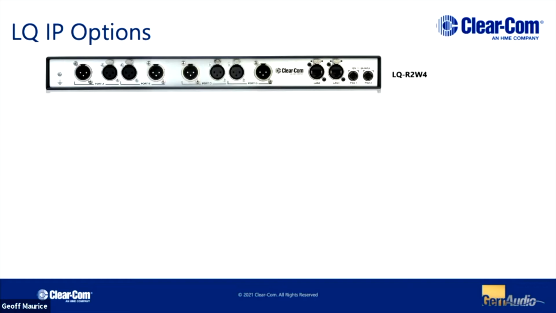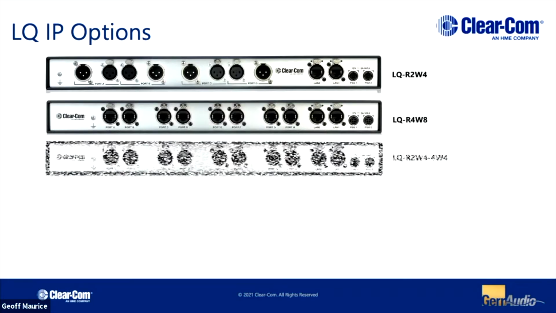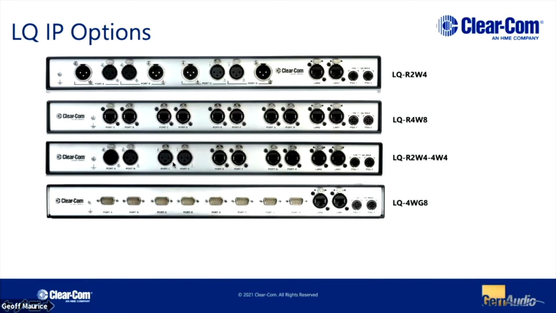So these are the 3 different flavors and kind of I/O options, and then we have basically different scalable versions of this one. So this is a 4-channel 4-wire, 4-channel 2-wire box. This guy is just an 8-channel 4-wire interface. This guy's a combo unit, which is one of the more popular ones for us, where it's 4 channels of 2-wire and 4 channels of 4-wire. So it's a split in half unit, 4 and 4. This guy is in the same flavor of the radio interface.